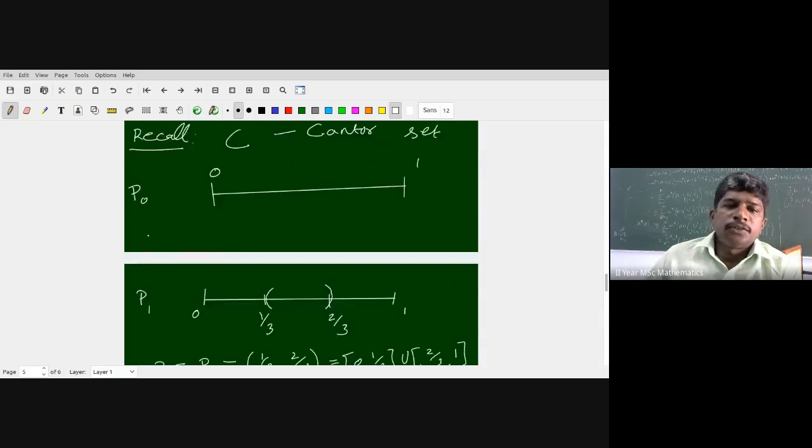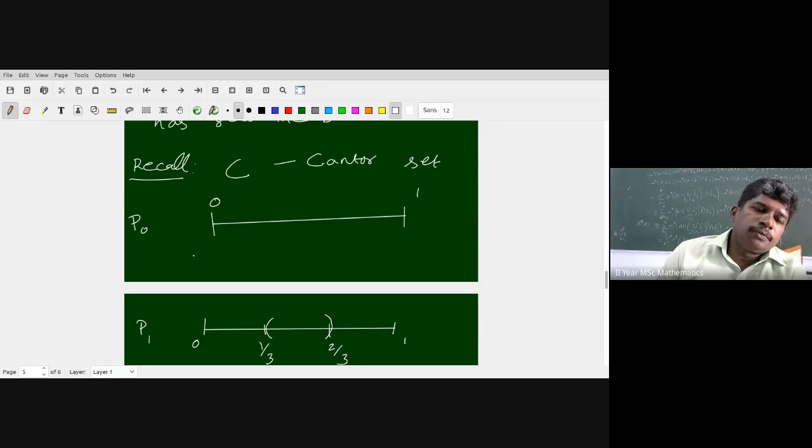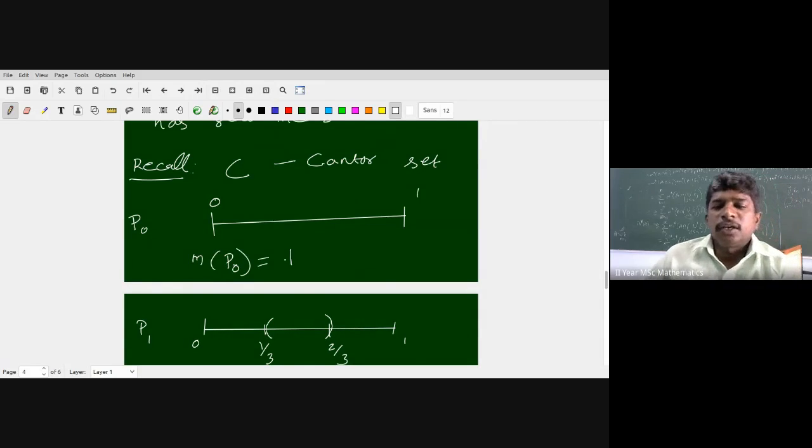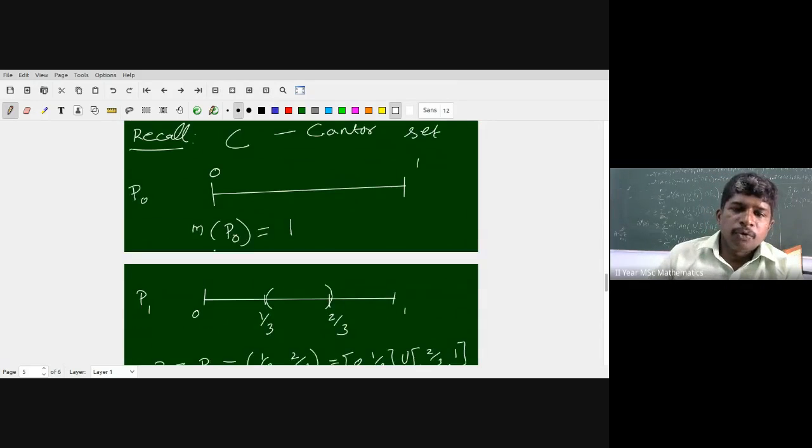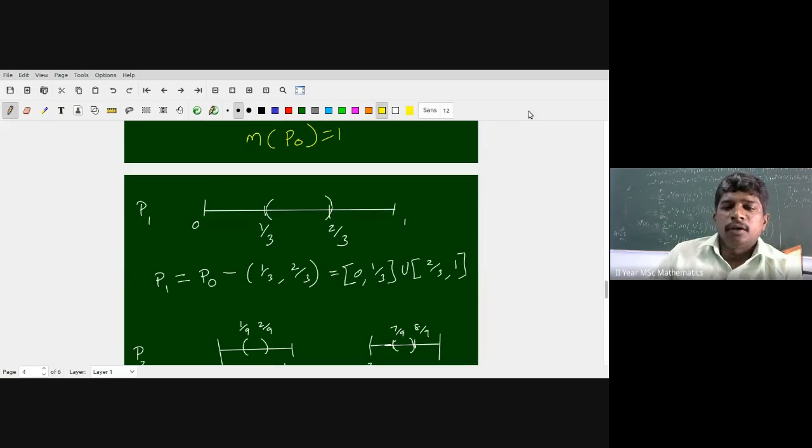Now look at the measure of P0. What is the measure of P0? This is exactly 1. What's the measure of P1? It is the union of two closed intervals.